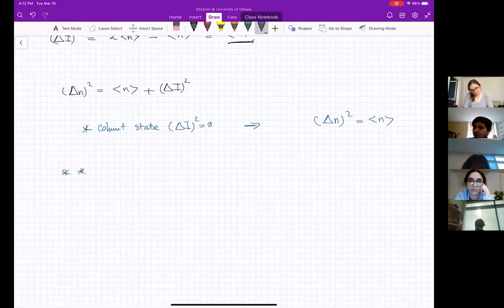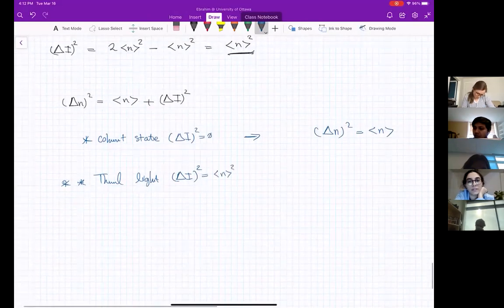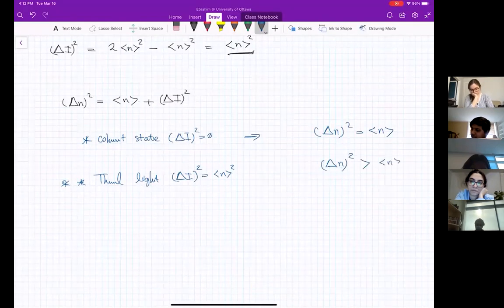For the thermal light, what will we get? ΔI² is equal to n̄². So that means that Δn² is greater than n̄, because it was n̄ plus ΔI².